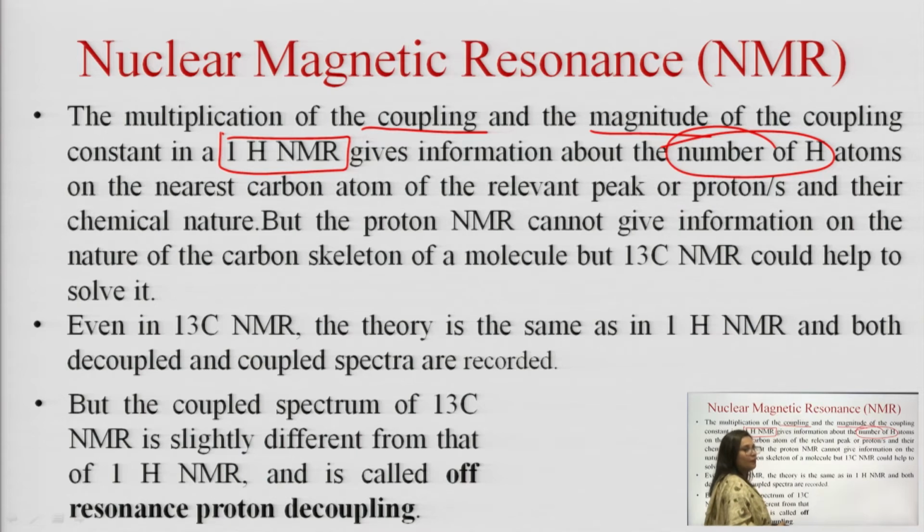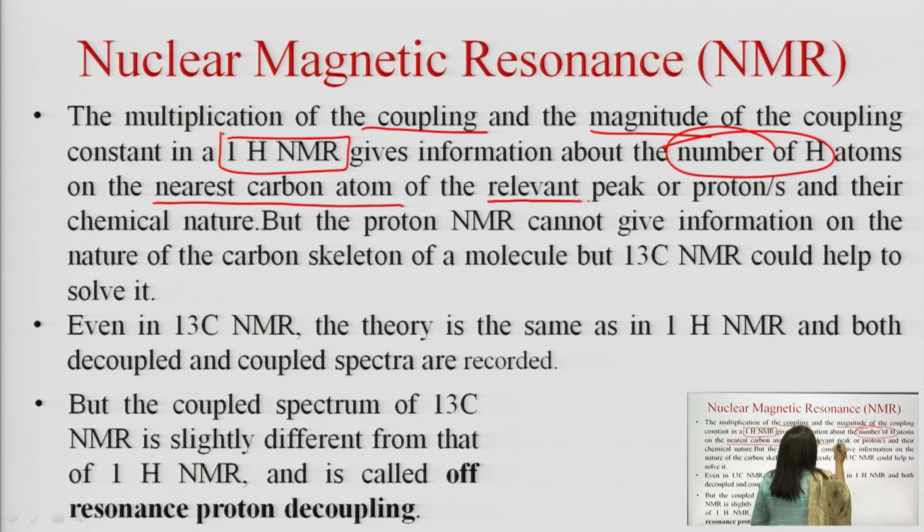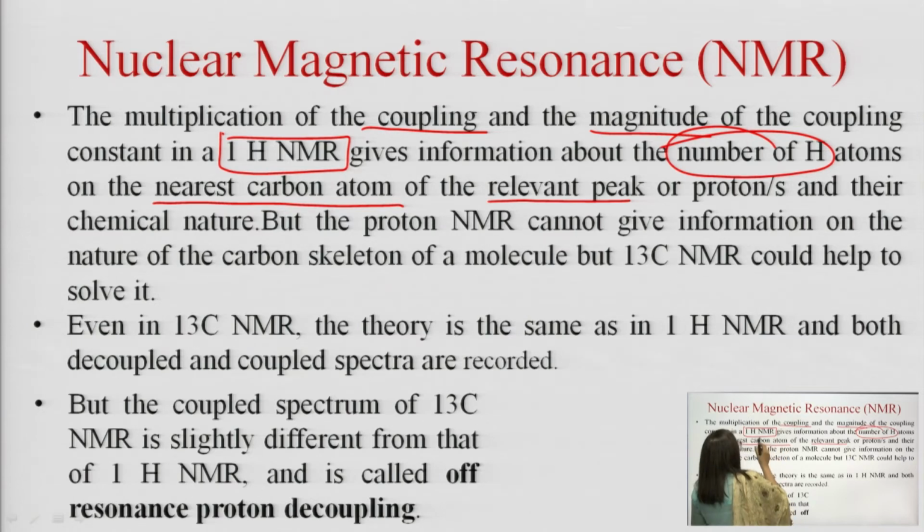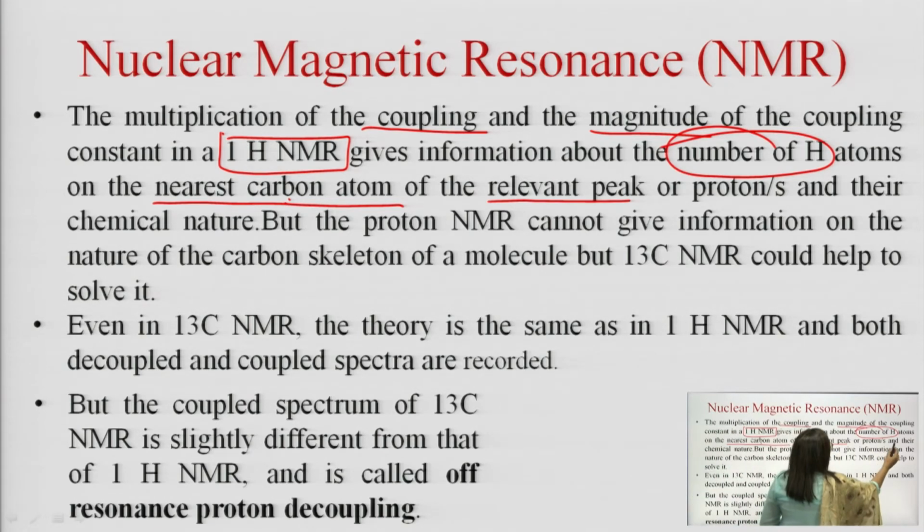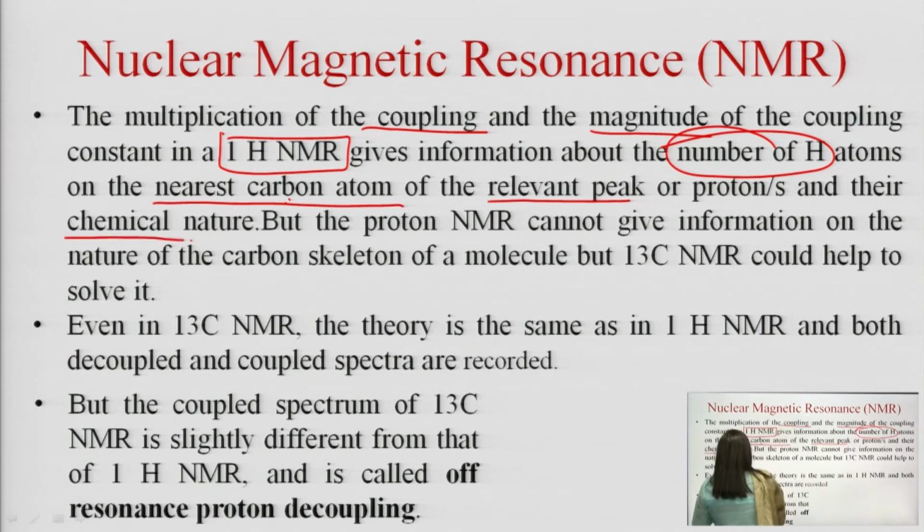It gives information about the number of hydrogen atoms on the nearest carbon atom of the relevant peak; whatever peak has been achieved, the number of atoms associated with that particular carbon is revealed, and their chemical nature.